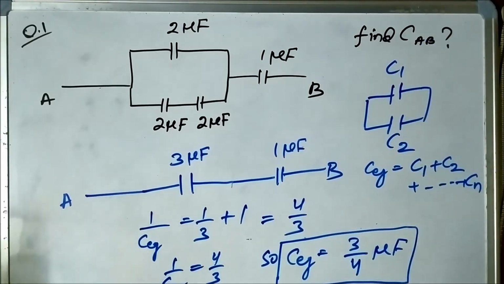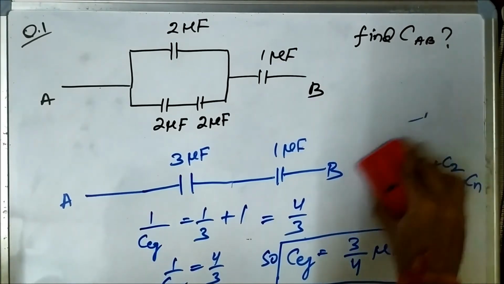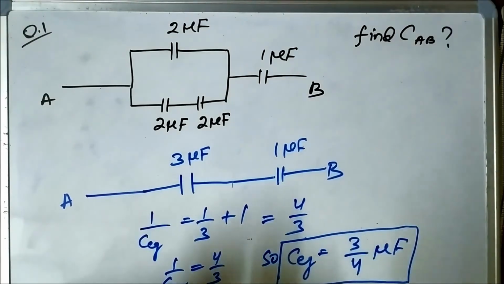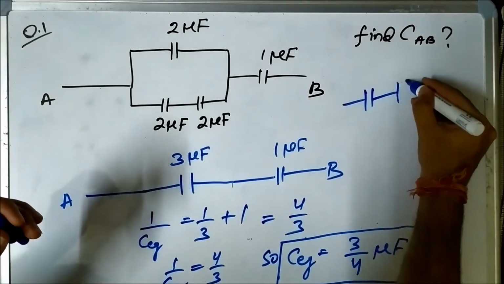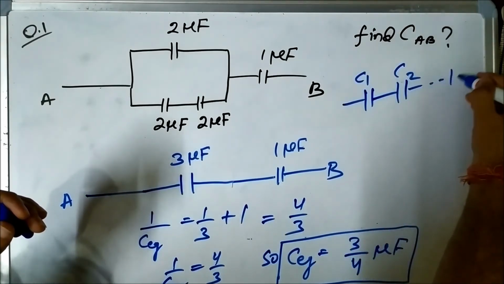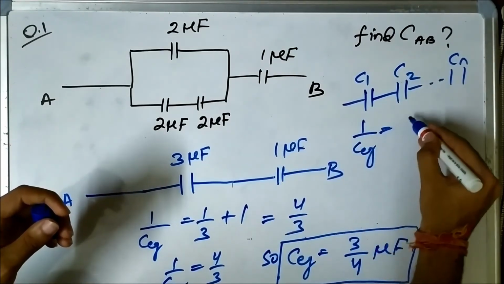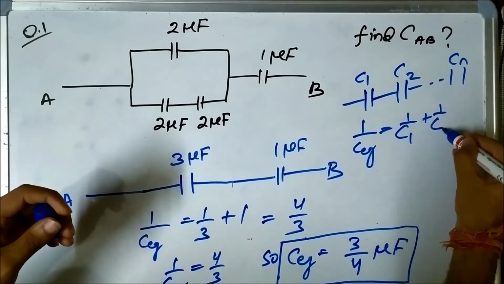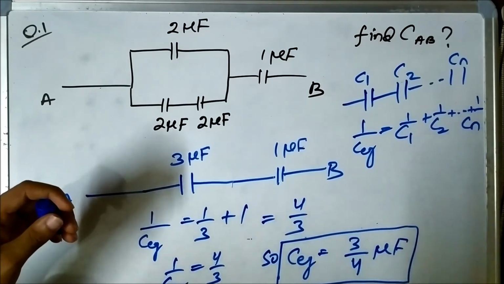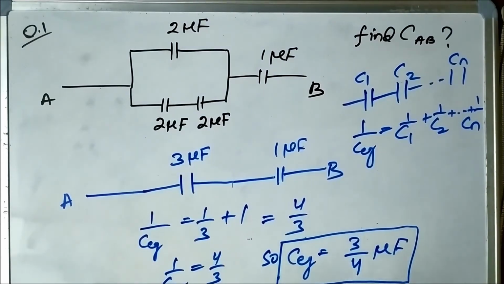And when they are connected in series, C1, C2 up to the nth capacitor, then 1 by C equivalent is equal to 1 by C1 plus 1 by C2 up to 1 by Cn. So it is the opposite of the formula for equivalent resistance and equivalent inductance. Always be careful about this. Don't by mistake use the same formula. You will think that the answer is correct, but actually it is wrong.